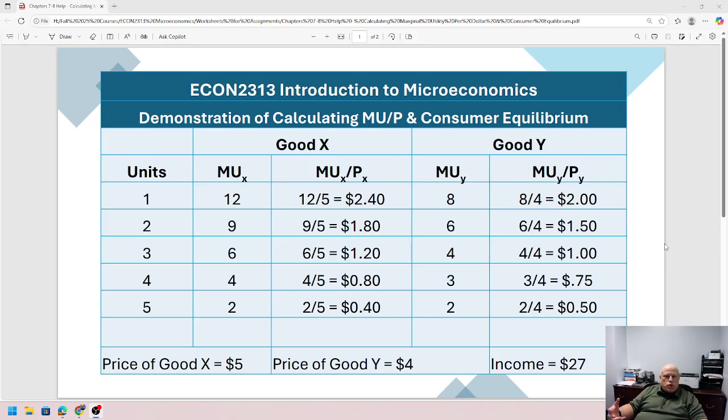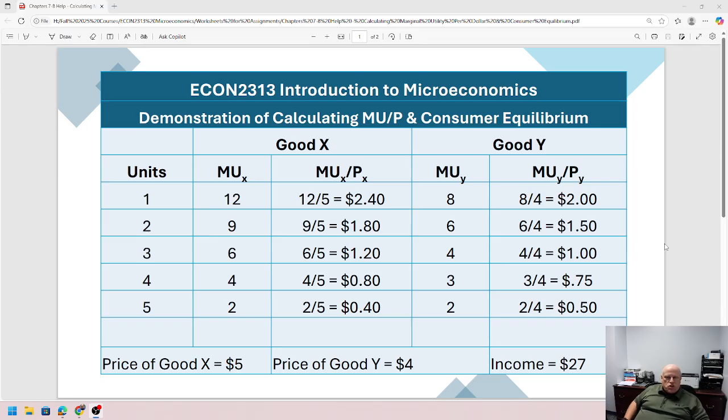I'm going to show you the process that you would go through, what you're going to need to do for determining the consumer equilibrium point. In other words, how much of each good are we going to purchase to maximize our utility given the fixed amount of income that we have to spend on those two goods.